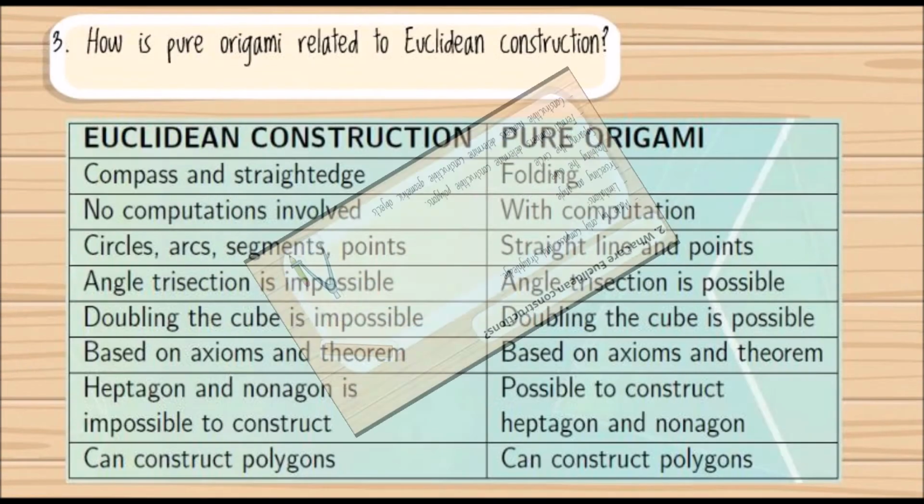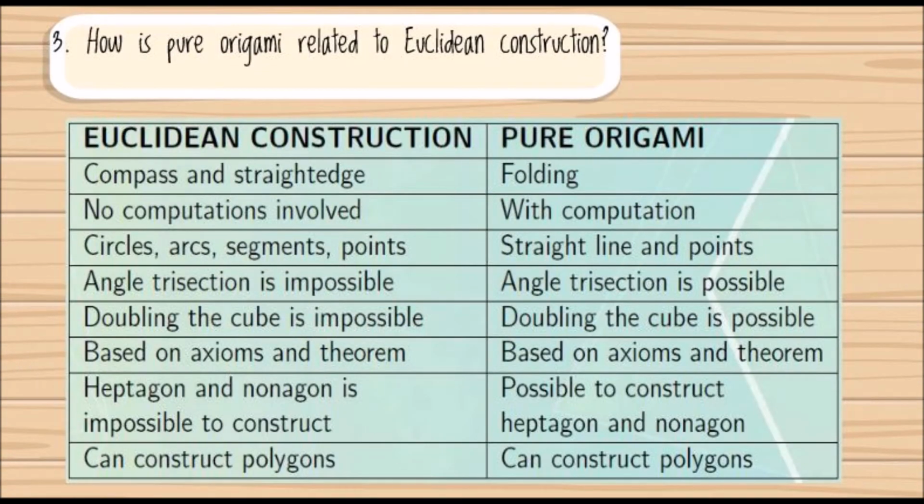The next will be the relationship between pure origami and the Euclidean construction. Listed below are the similarities and differences of the two constructions. A regular polygon can be drawn in Euclidean construction by using two instruments only, which are the compass and the straight edge. In pure origami, it is a process of folding which creates creases.